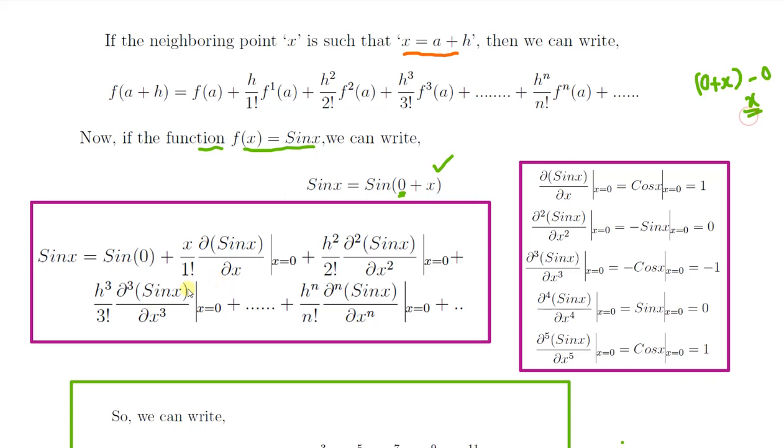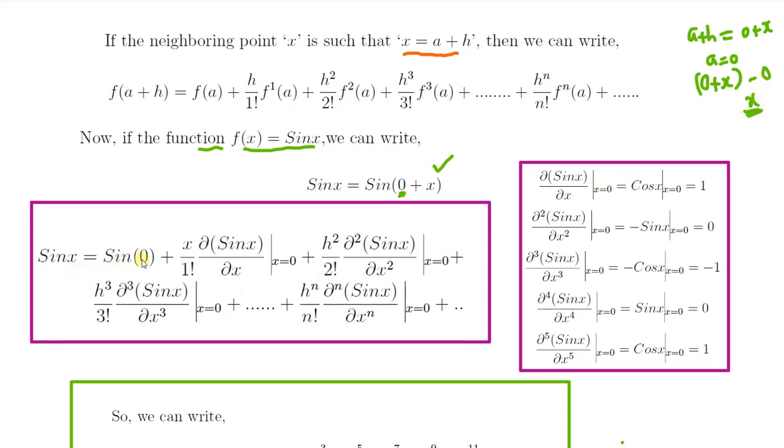That is 0 plus x minus 0. The value of the function a plus h minus a. Instead of a plus h, we have 0 plus x. a is equal to 0. So a plus h minus a simply means x.